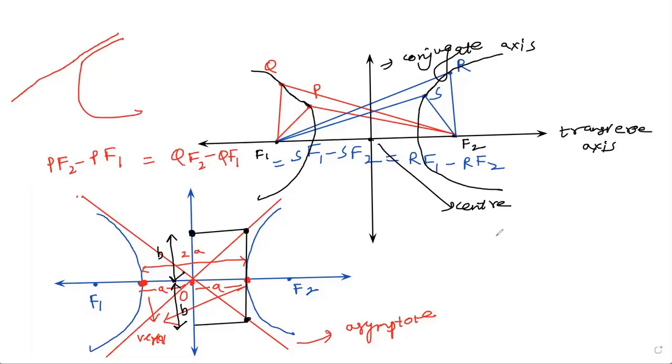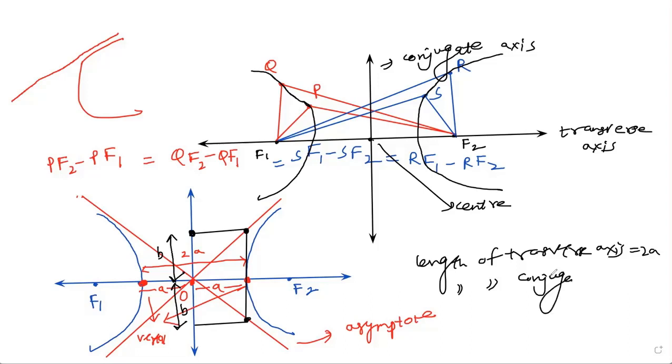So the length of the transverse axis is going to be twice of A, and the length of the conjugate axis is going to be twice of B, as we have already shown in the figure. I think you all have understood how we got the length of B as well, and that is with the help of the asymptote concept. So I hope we all are clear till this.